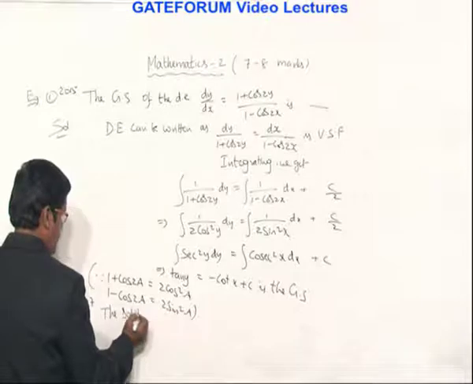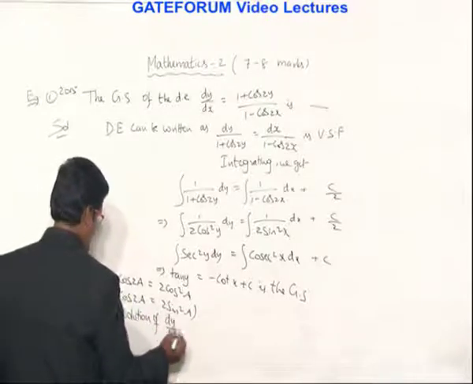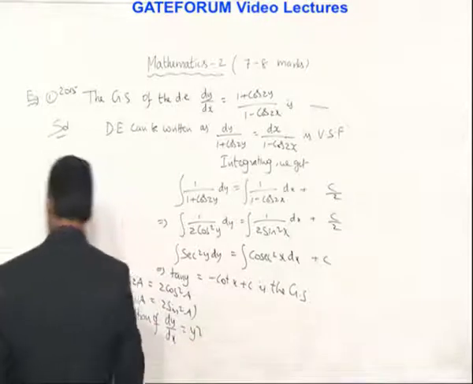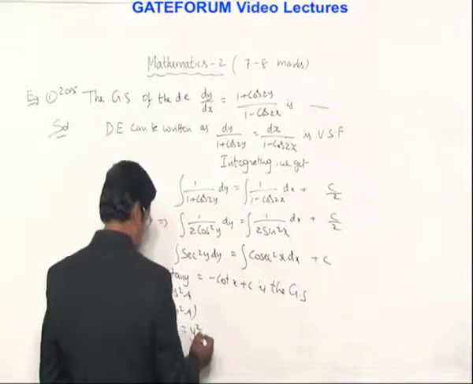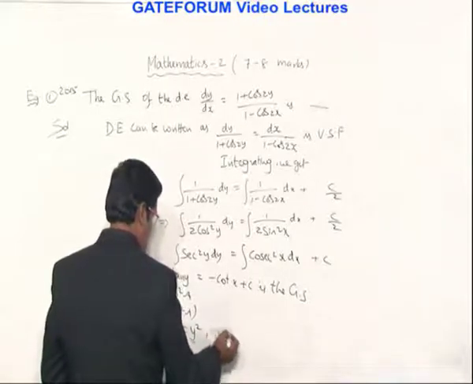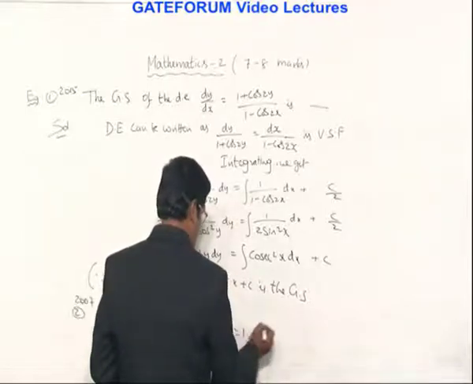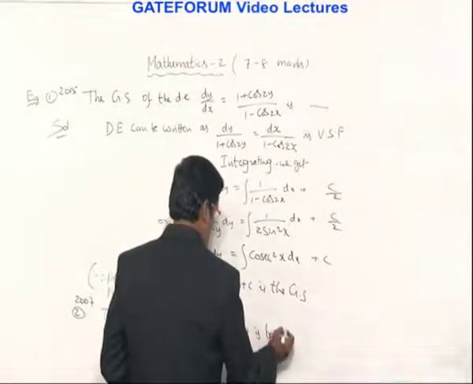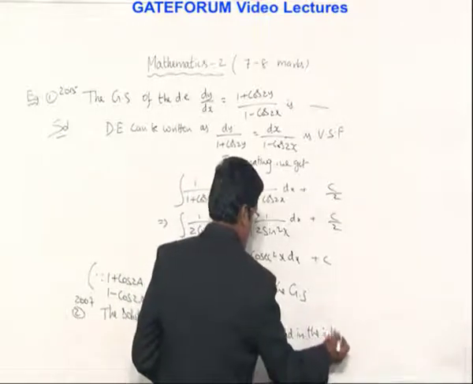The solution of dy by dx is equal to y square, y of 0 is equal to 1, initial value given, is bounded in the interval.